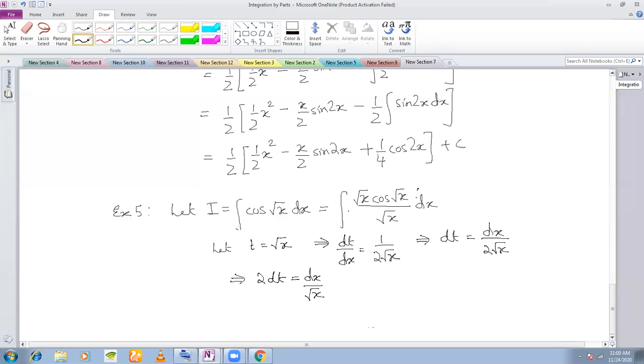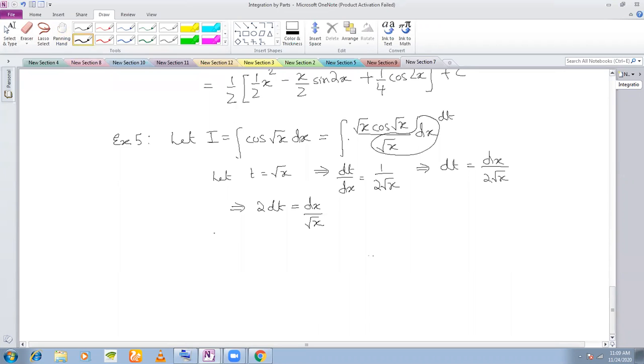Now you see you have a dx by root x here. This becomes your dt. So therefore, I becomes integral t cos t, and dx by root x is 2 dt. So this becomes twice integral t cos t dt.